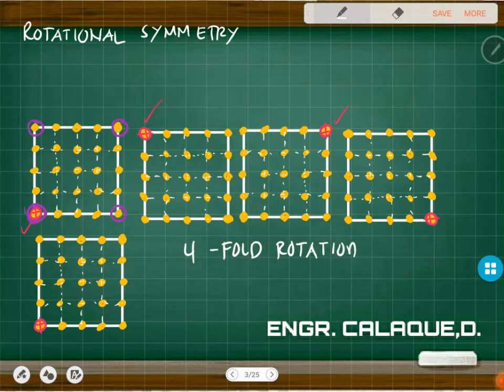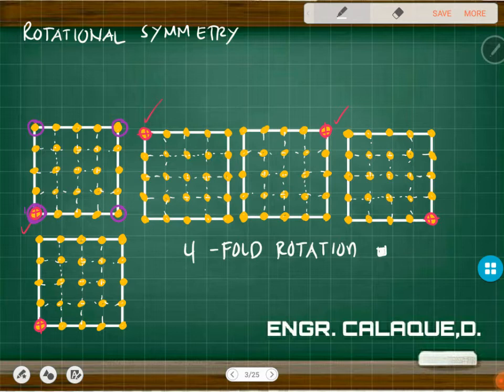A four-fold rotation operation moves the object by 360 divided by 4, or 90 degrees. Okay? The symbol used to designate the four-fold axis is a solid square. Okay?